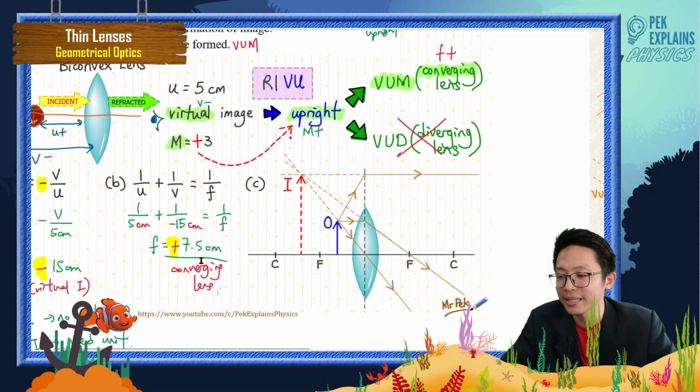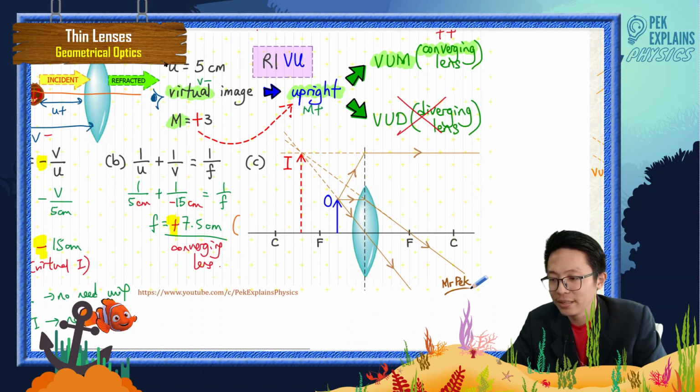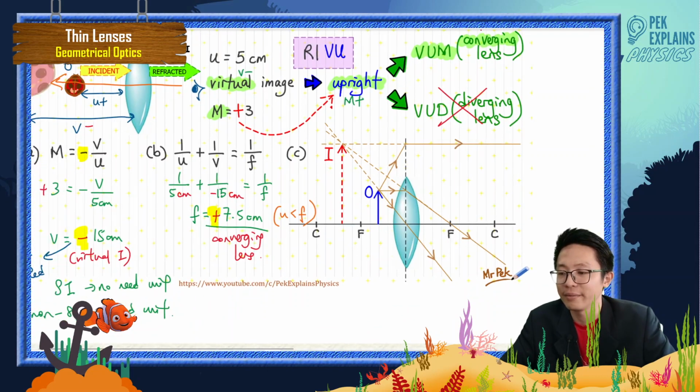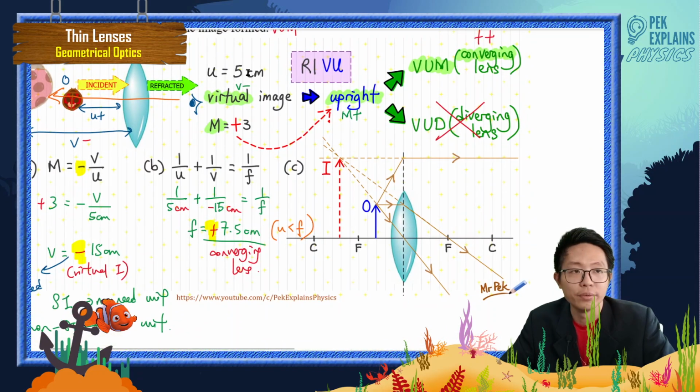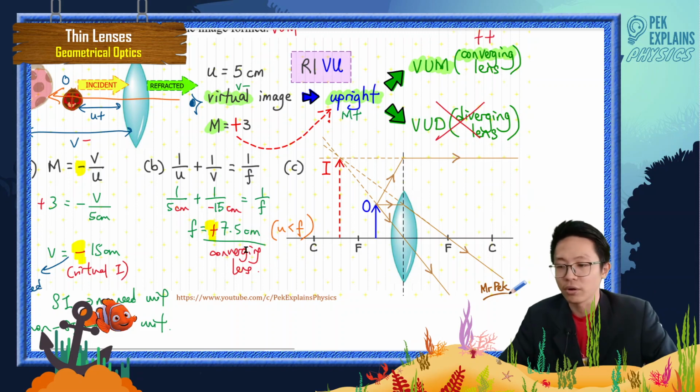So it's bigger than u. We can see u is less than f. My u is only 5 cm. Okay, good. My guess is all correct.